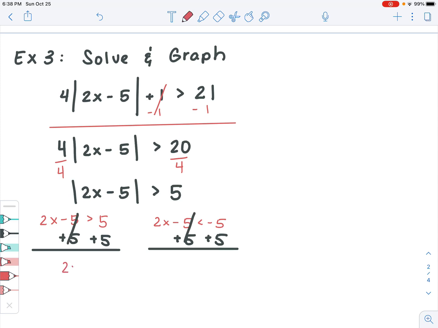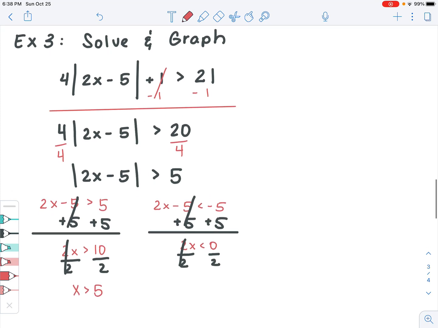When I do that, I have 2x is greater than 10, and 2x is less than 0, and then I've got to divide by 2. And I get x is greater than 5, and x is less than 0, because remember, 0 divided by anything is still 0.